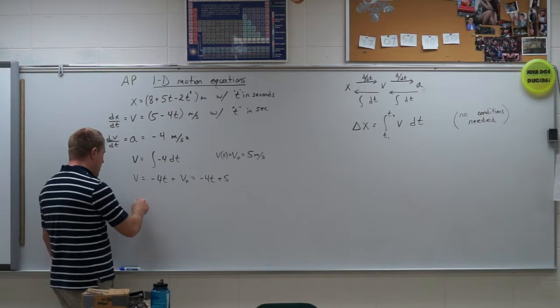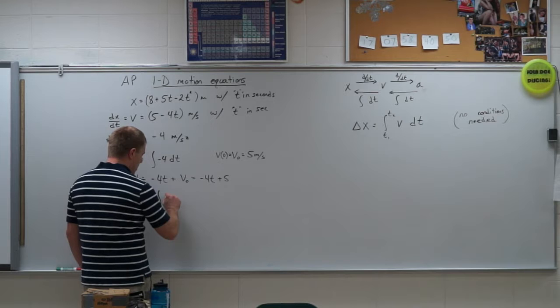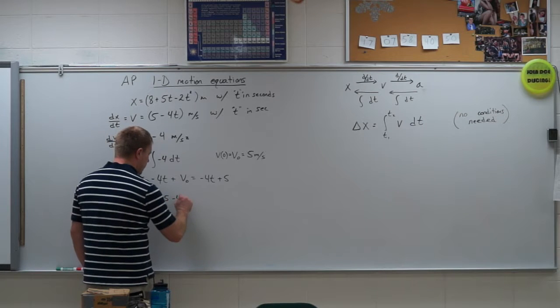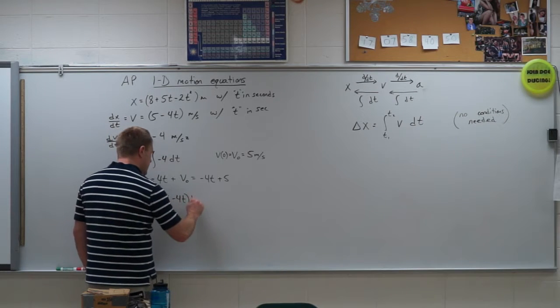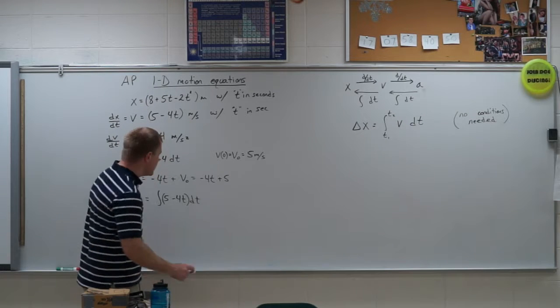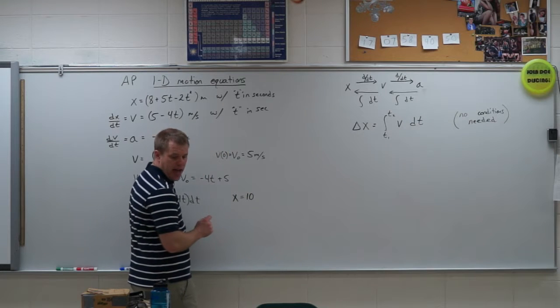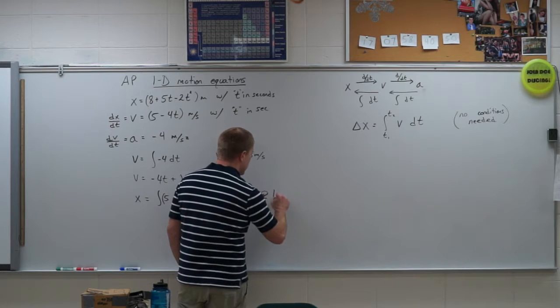So I want to find position, so I'm going to have to take the integral again. I'm going to take the integral of 5 minus 4t dt. Now, the initial condition they gave me in this case is x is equal to 10 meters at time 2 seconds.